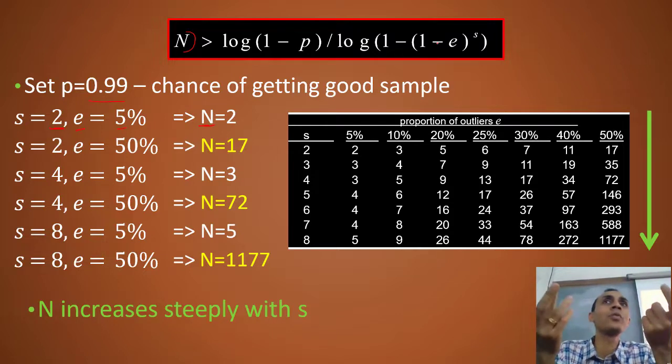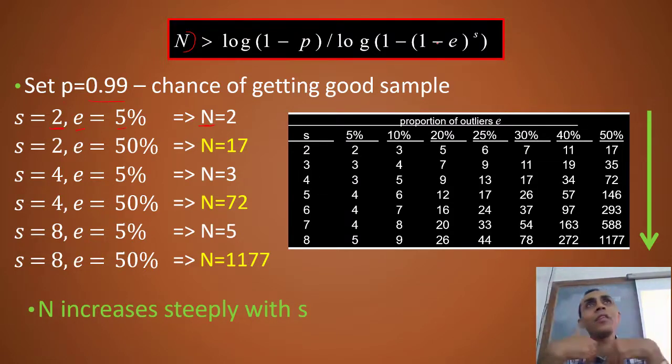How many trials do we have to do to get a good sample set? Just one. And let us say all of them were outliers, then how many trials do we have to do to get a good sample? We'll keep on doing it, we'll never get a sample. So in between, depending on the outlier ratio, we'll get the value of n. If the outlier ratio is less, the number of trials will also be less.